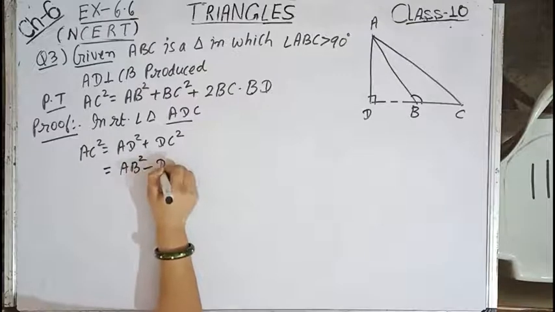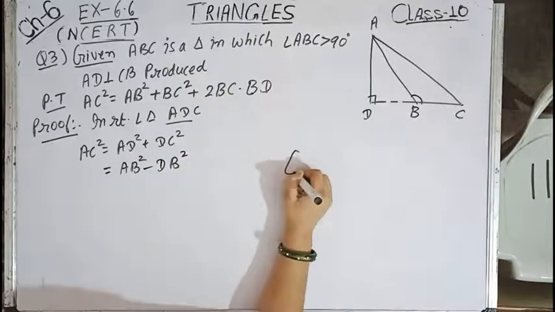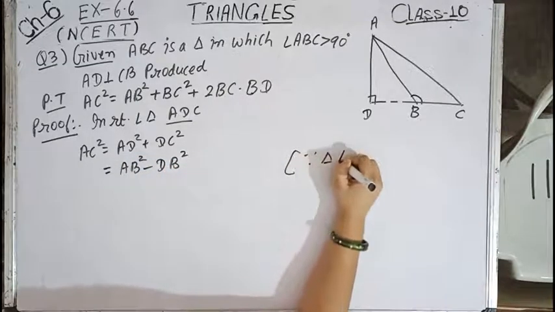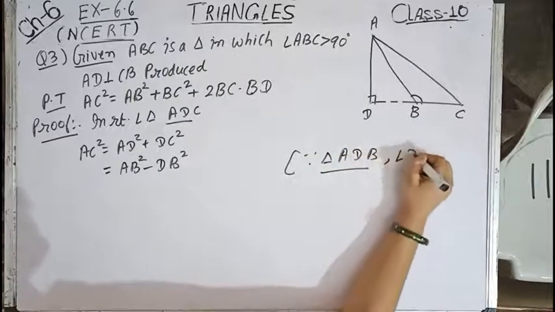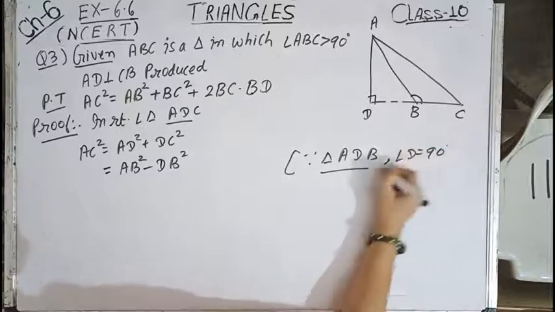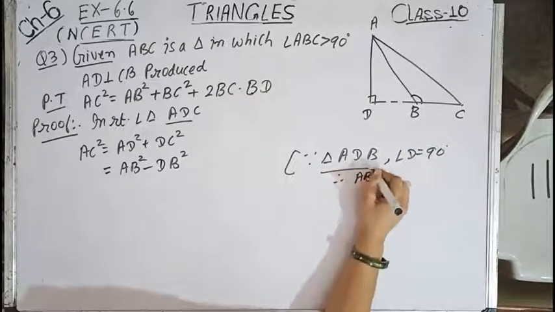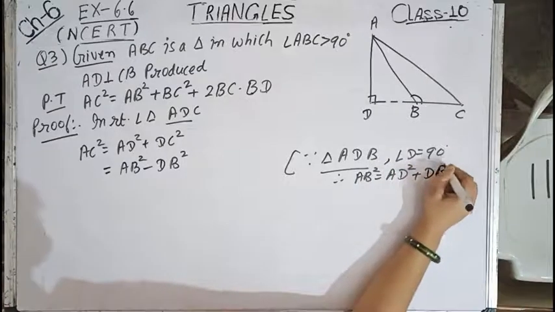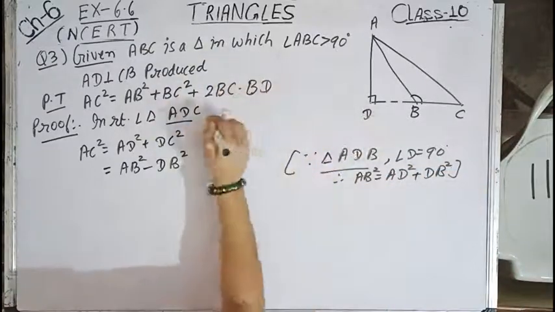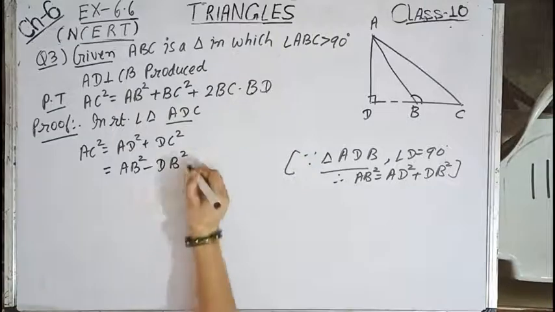Since in triangle ADB angle D equals 90 degrees, therefore AB square equals AD square plus DB square. Make it equation number 1 and use it over here.